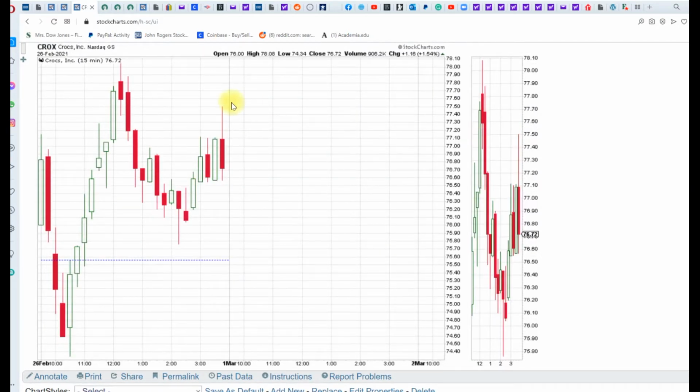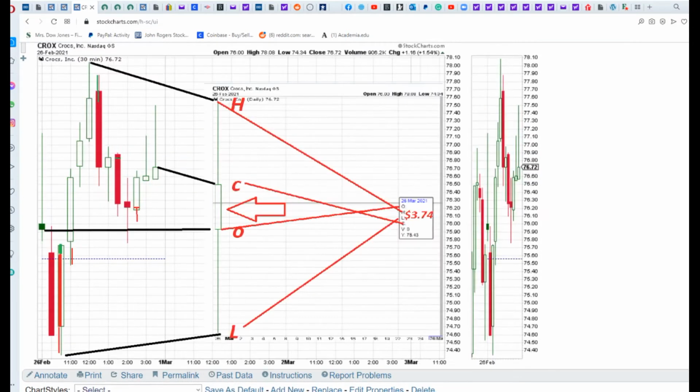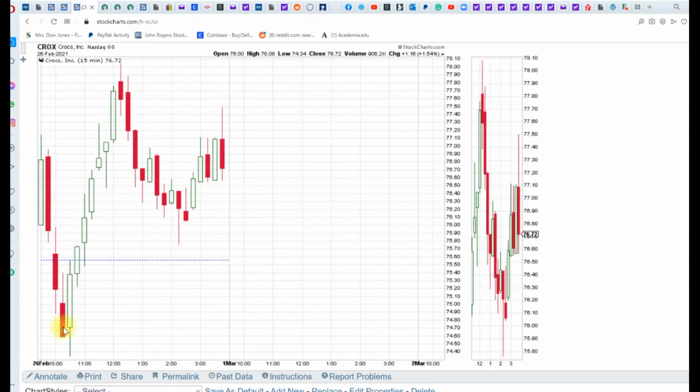So here we see that this is a 15-minute chart. This is the same amount of time, and before it was 30, this is going to be 15 minutes. So we're going to have more bars, and the trader could have done the same thing. He has a better view of this now. If you're a day trader, it gives you a better view of the stock.